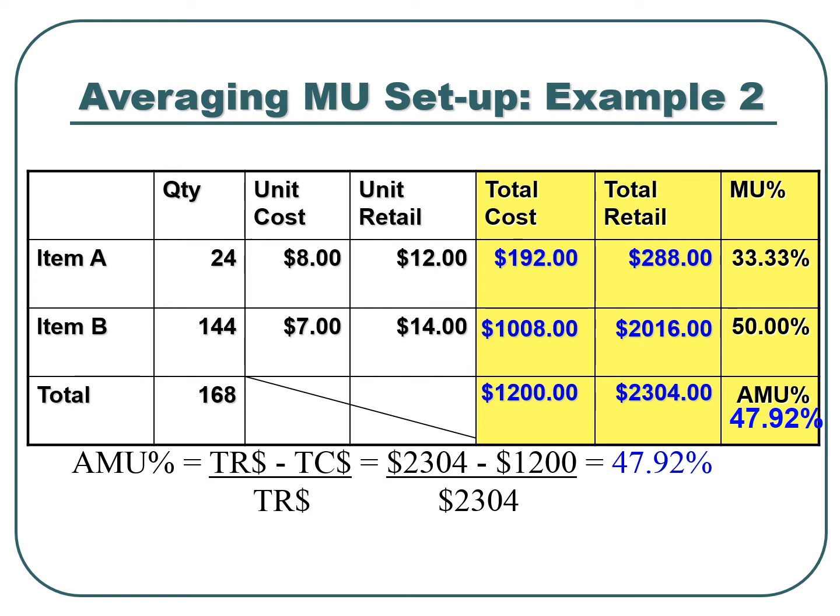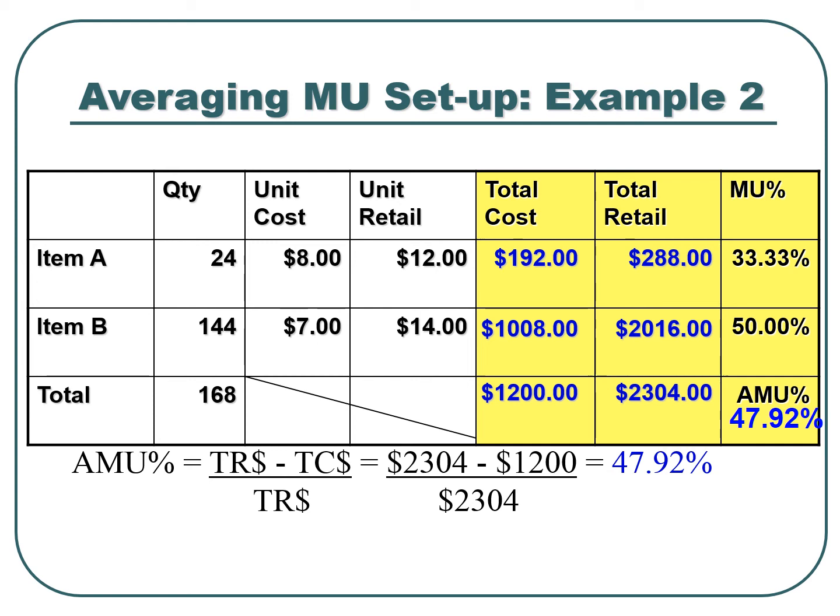So now we have more item B's than item A. In the previous example, we had more item A than item B, right? Item B has a higher markup percent, right? So when we have more item B than item A, our AMU percent is going to be closer or similar to item B's markup percent than item A's markup percent, right?